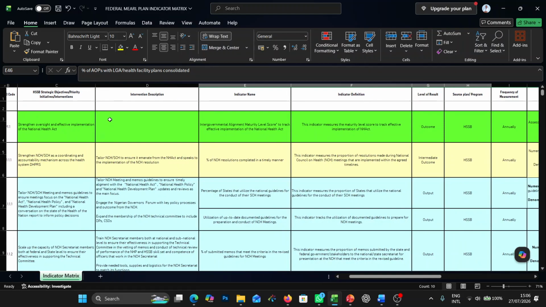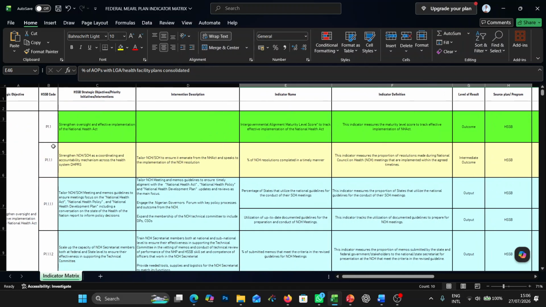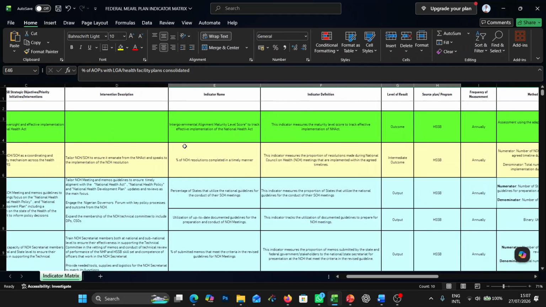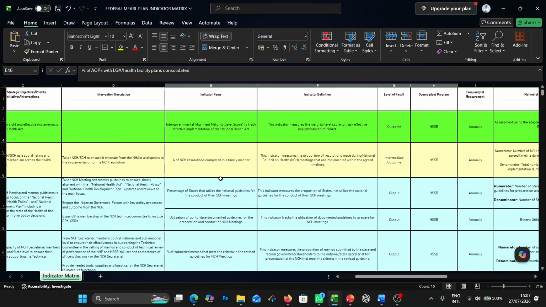And as you can see, we have the column for the HSSB code, just like we have in the AOP. We have the columns for the objective, priority initiative, and intervention. We have the intervention description here. Then we have the indicators that have been mapped to this intervention, to this priority initiative, and the objectives.